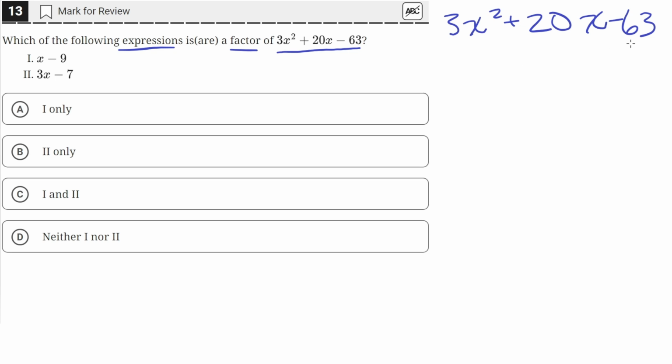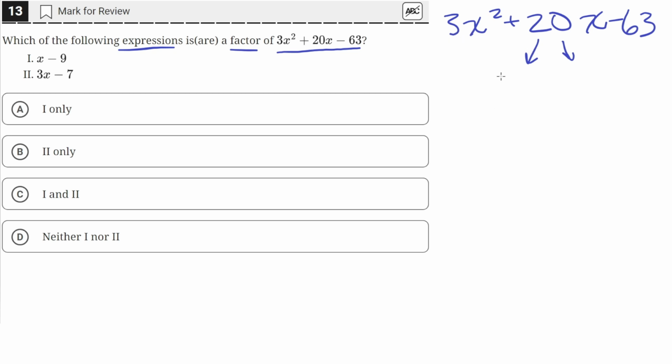To factor this by grouping, what we need to do is split this 20 into two separate terms that when added together equal 20, so that keeps the expression the same, but when multiplied equal 3 times negative 63.